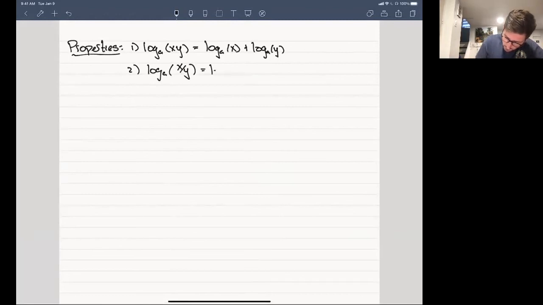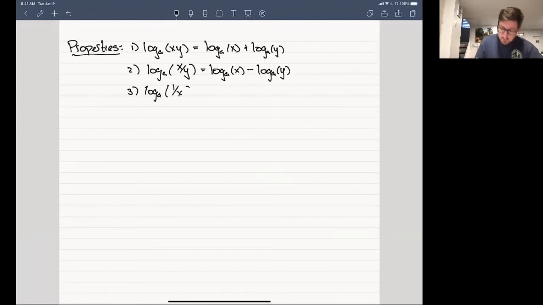This is log base a of x minus log base a of y. Again, just the second rule that we just saw for natural logarithms. Now we have log base a of 1 over x. So we have this reciprocal rule. Again, this is equal to minus log base a of x.